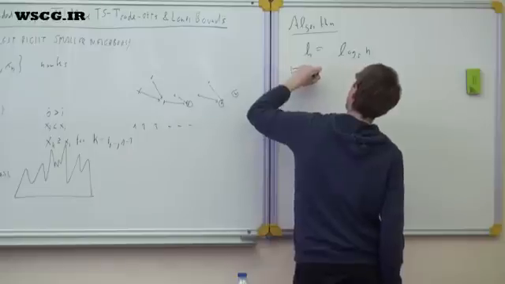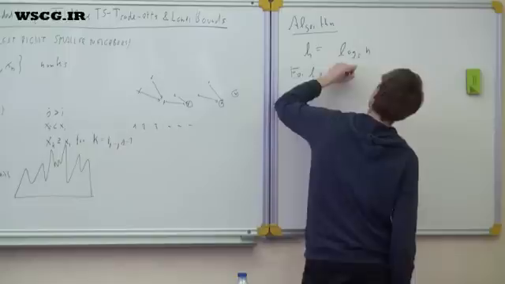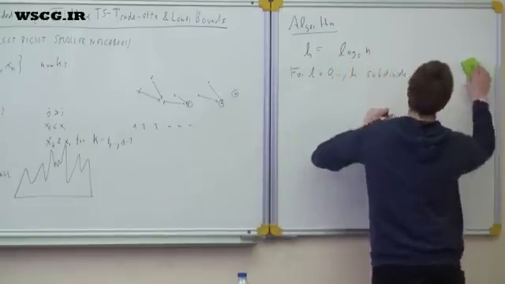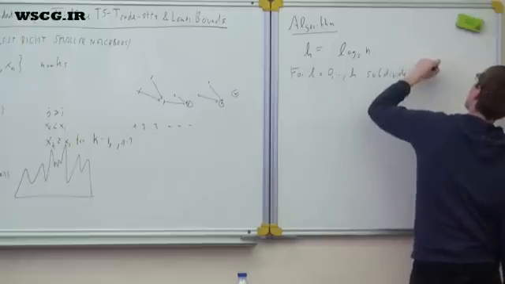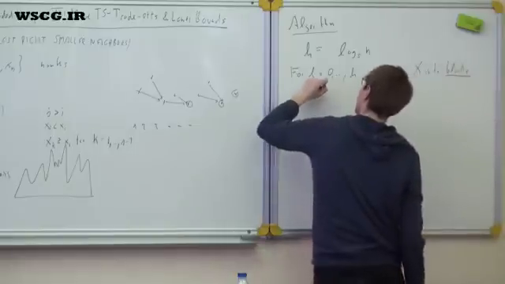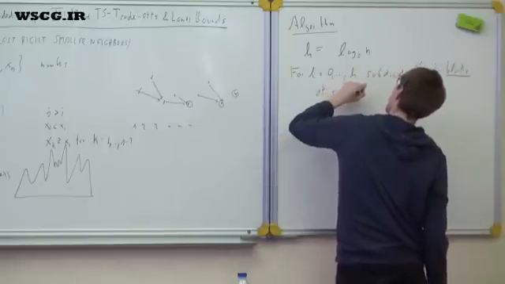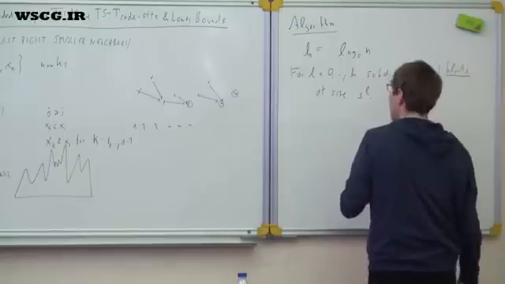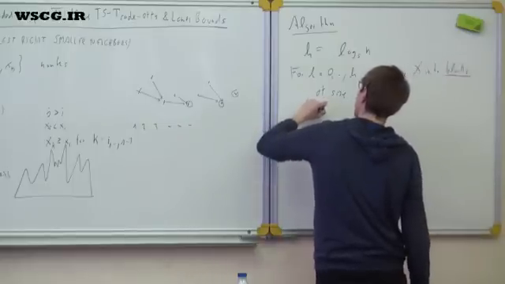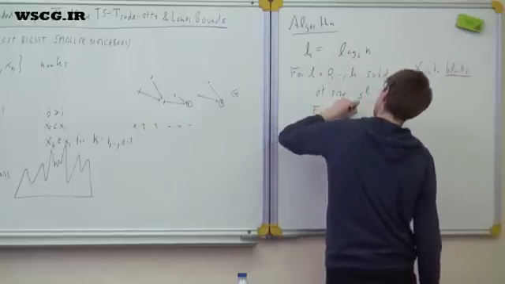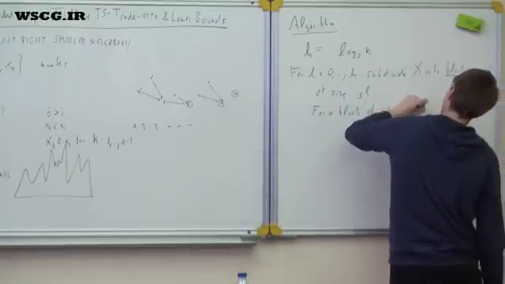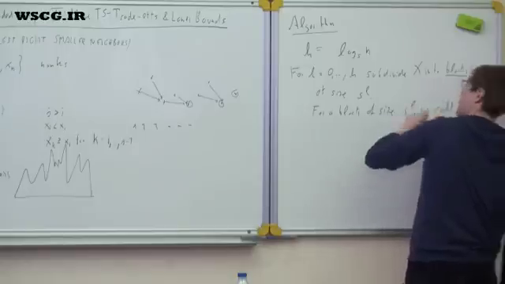So for L from 0 to h, we subdivide x into blocks of size s to the L. And for a block of size s to the L, we call L the level of the block.